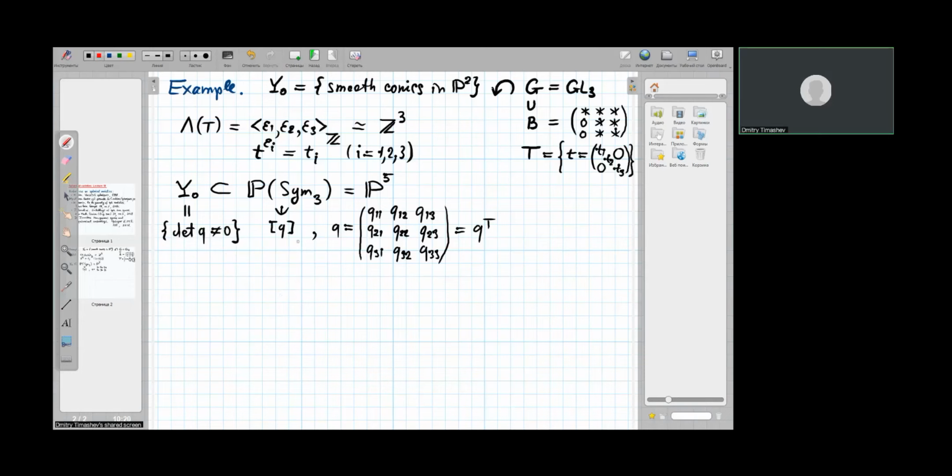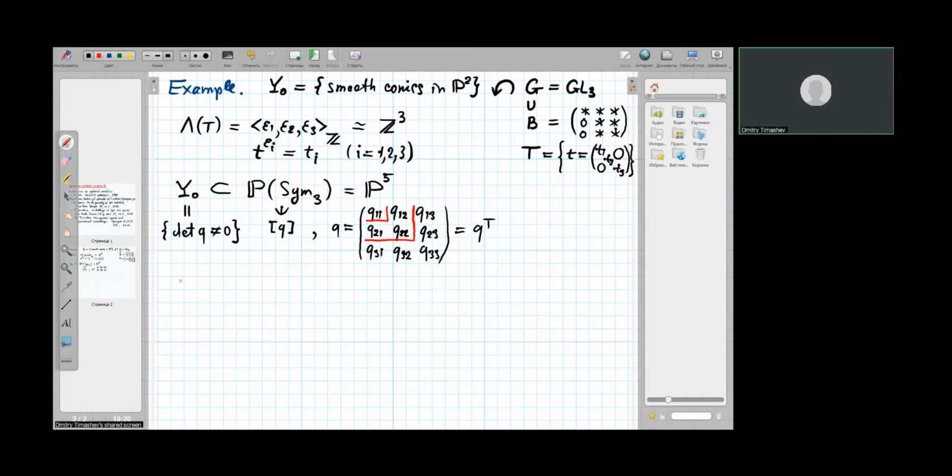the upper left corner minors, or if you like, the leading principal minors of such a matrix. These two minors, excuse me, draw better like this, and the determinant, the whole determinant of the matrix. So these minors, let me denote them by deltas.